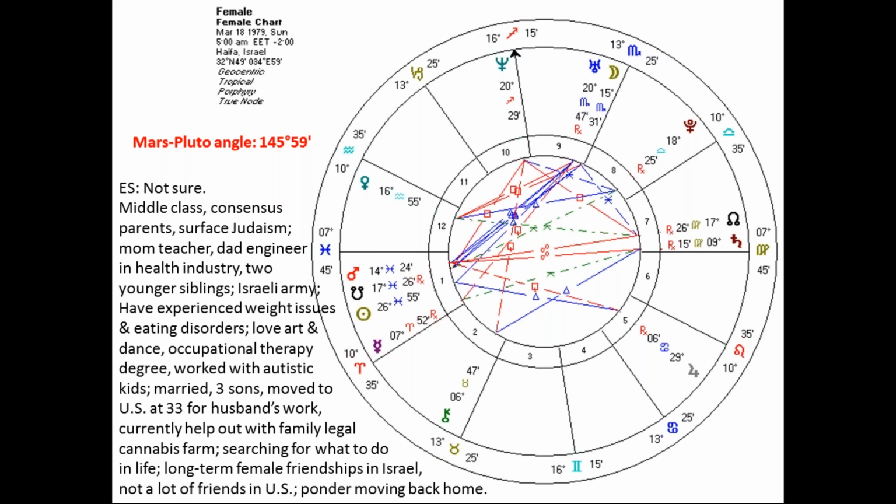And so she's caught in a shift, caught in a change. Obviously, we are a secondary lifetime. She's had at least one previous lifetime with Mars in Gibbous phase to Pluto.